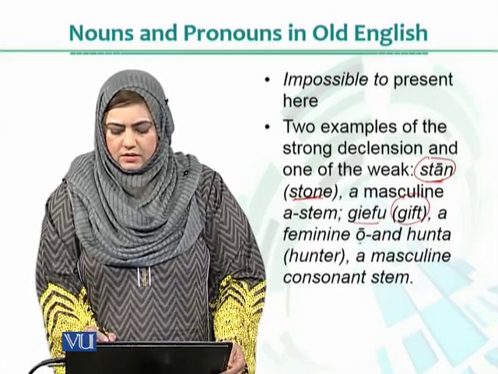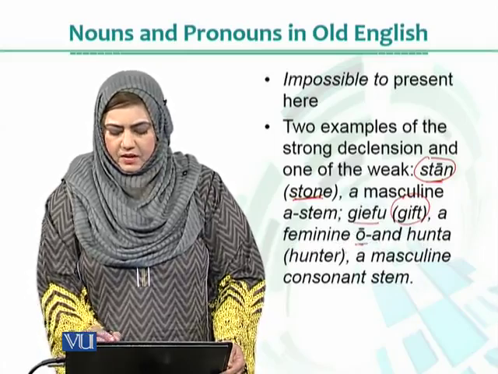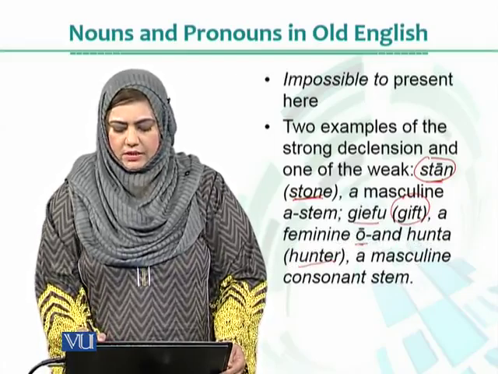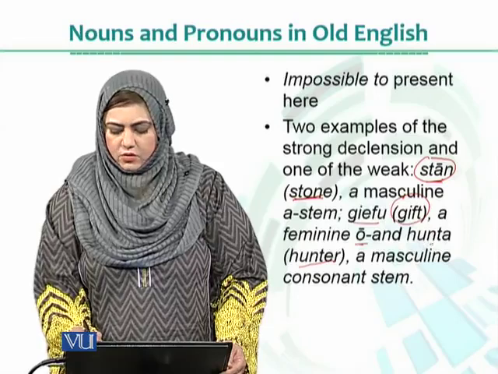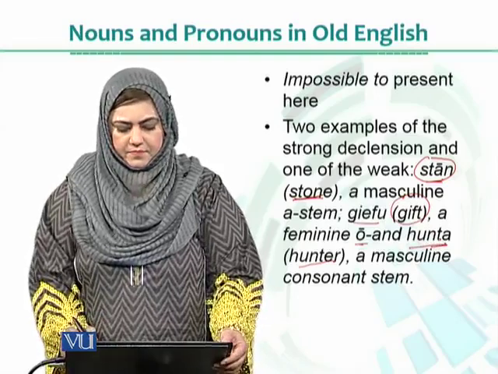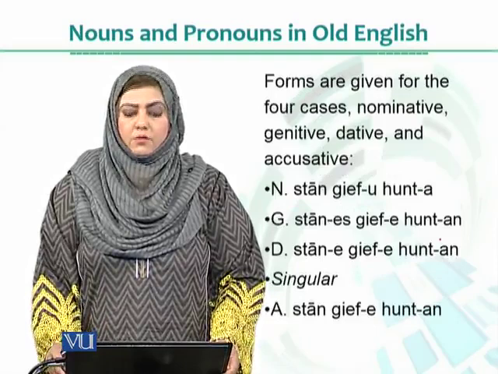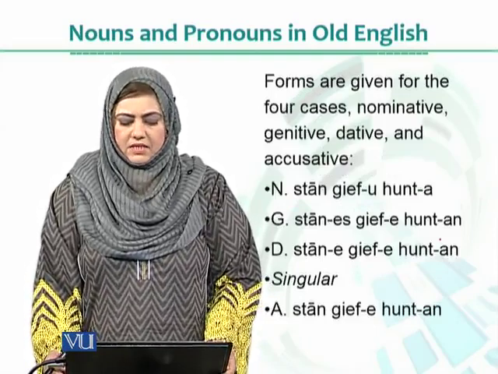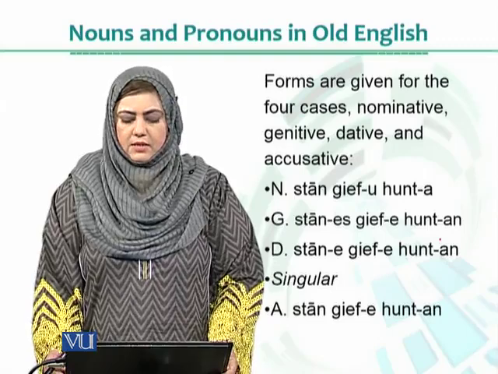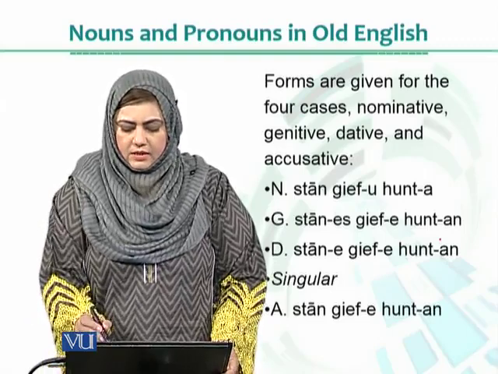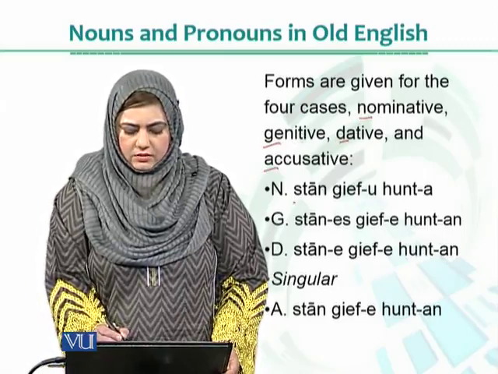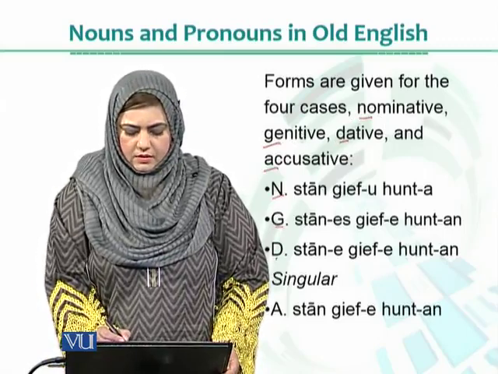And notice hunta, a masculine consonant stem that is used here. Forms are given for the 4 cases: nominative, genitive, dative, and accusative. This nominative, genitive, dative, and accusative are these, by the way, here.